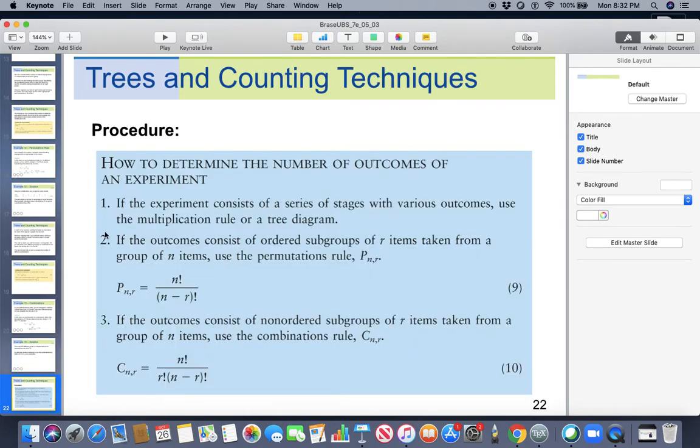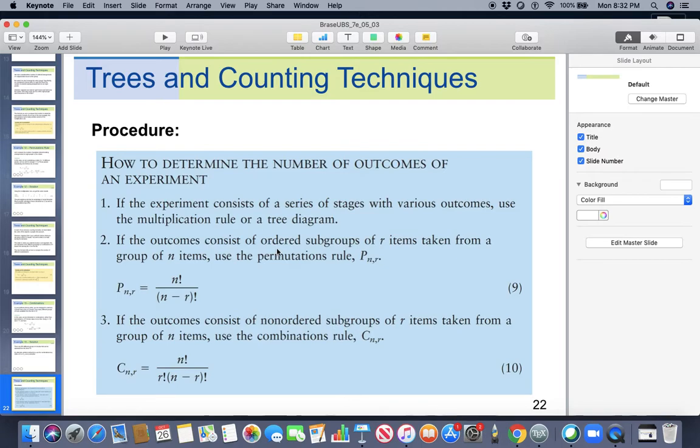Now, the procedure: how to determine the number of outcomes of an experiment. If the experiment consists of a series of stages with various outcomes, use the multiplication rule or a tree diagram. Use a tree diagram or the multiplication rule when you have various stages to go through.